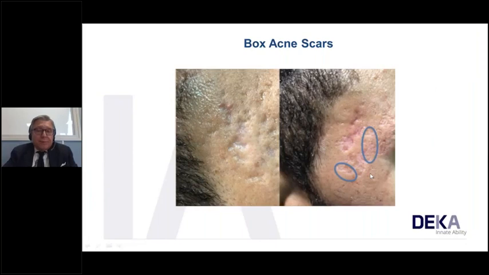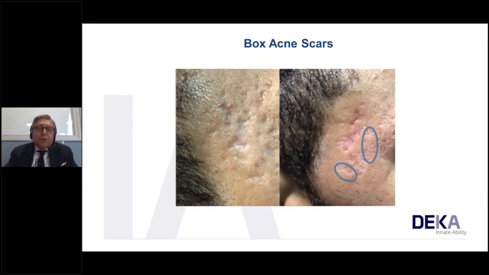This is an example. You see on the right with the blue circle, the edge that we treated with the vaporization mode and the freehand SP Pulse. And on the left, in this point, we still see the fractional dots because we combine the two modalities in the same session.